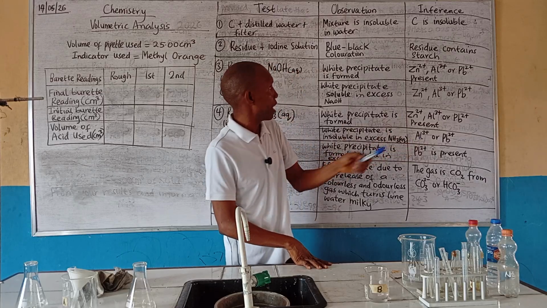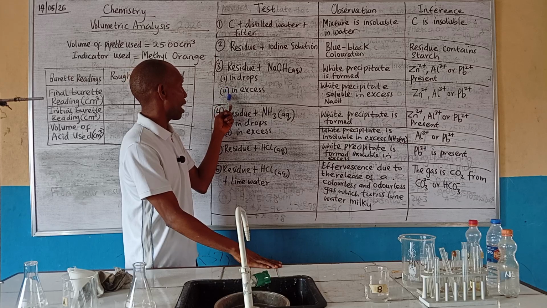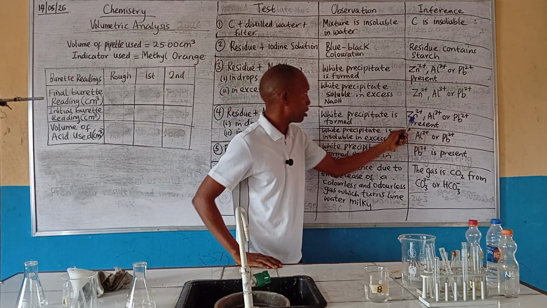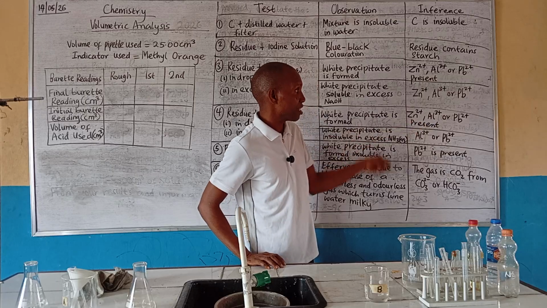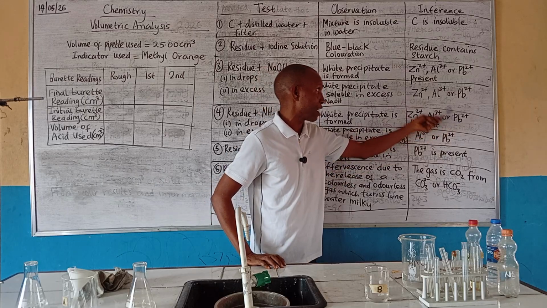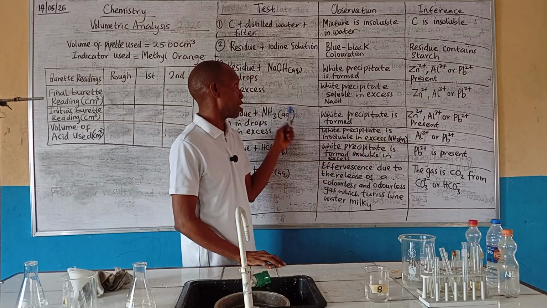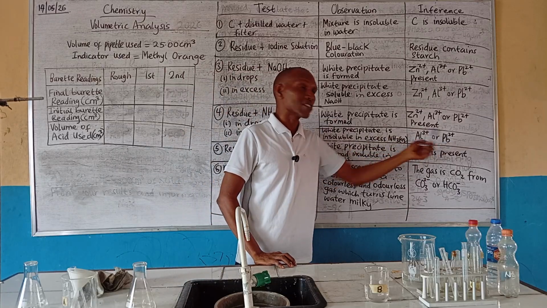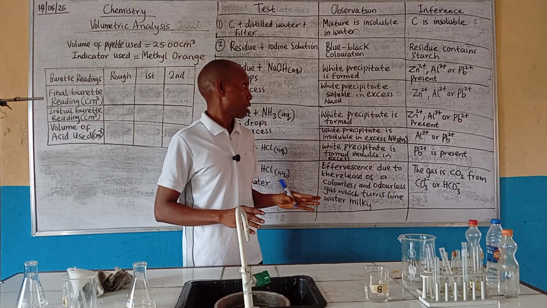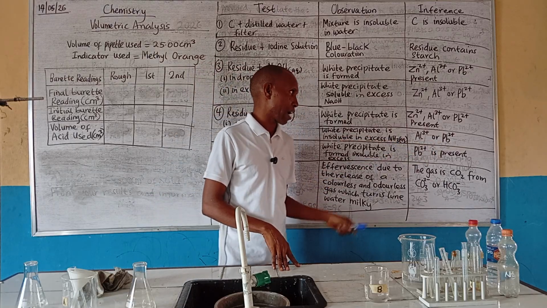If you look at the inference from number 3I and II to number 4II, you see that the inference is the same for the three of them, because zinc, aluminium, and lead give similar results. But this time around, in excess aqueous ammonia, aluminium and lead will be left in the inference. Zinc is no longer there.